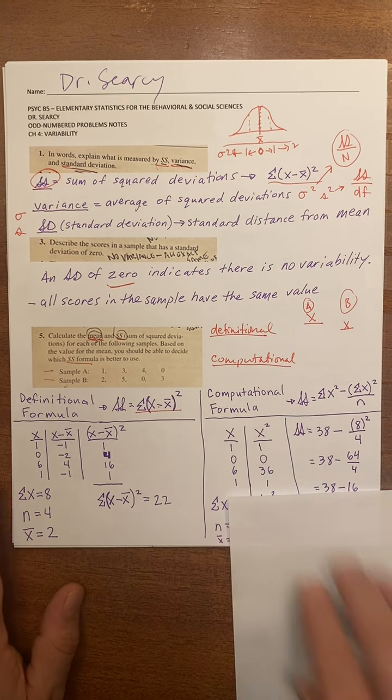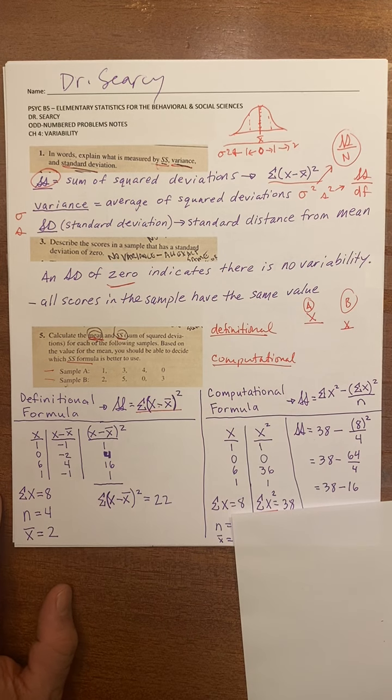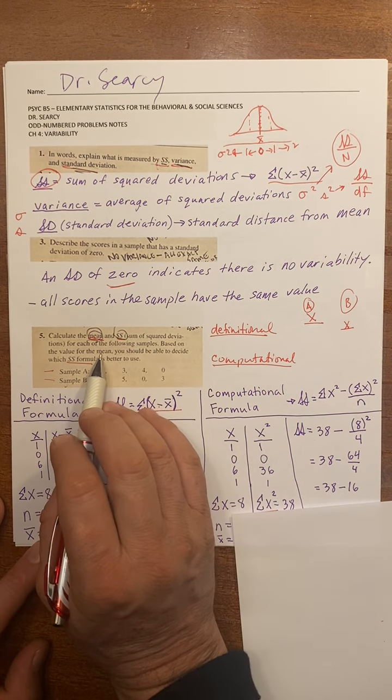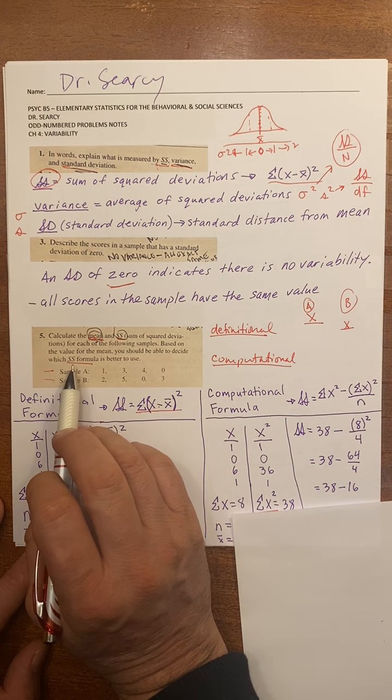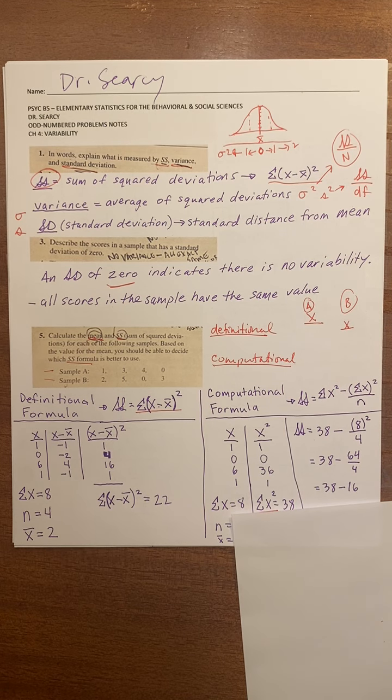I'll just note that the reason why the authors were asking this question, right, is because of this point here where they're saying, based on the value for the mean, you should be able to decide which sum of squares formula is better to use. Basically, here's the rule of thumb for that part. I'll just say really quickly.